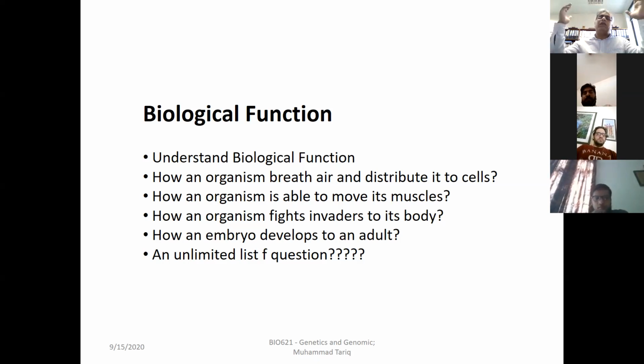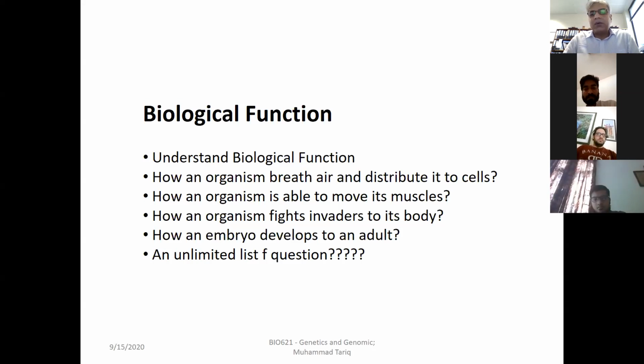So there are unlimited questions. There is an unending list of questions. And if you want to understand any of these biological functions, as I told you, you have to understand the molecules. You have to go to the molecular level to understand which function is encoded by which molecule within the cell.